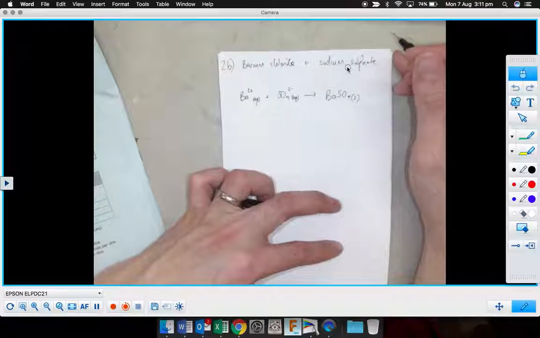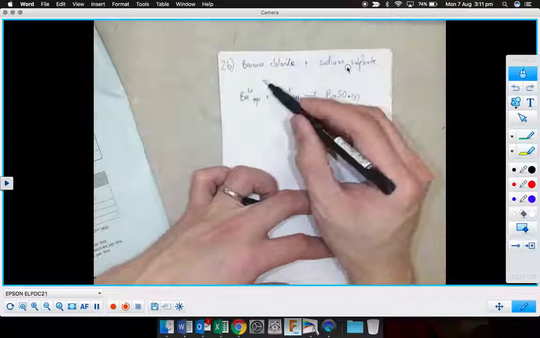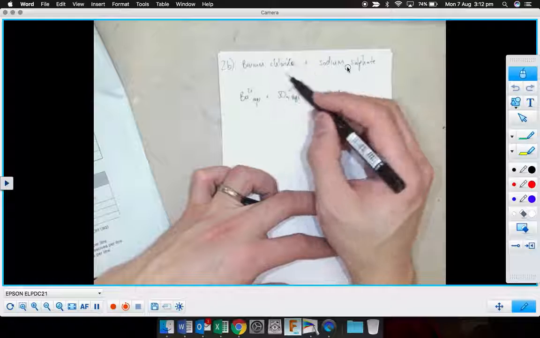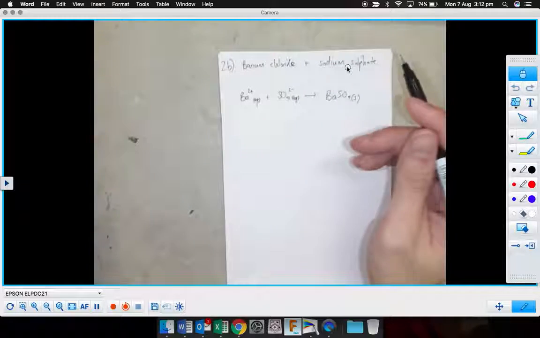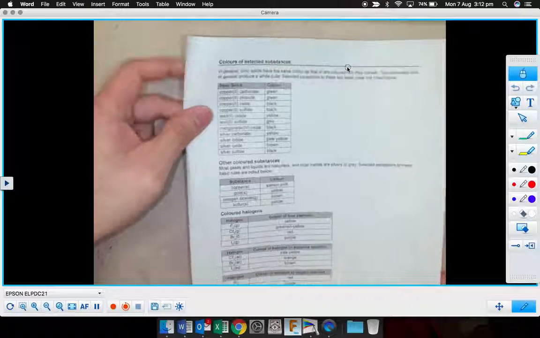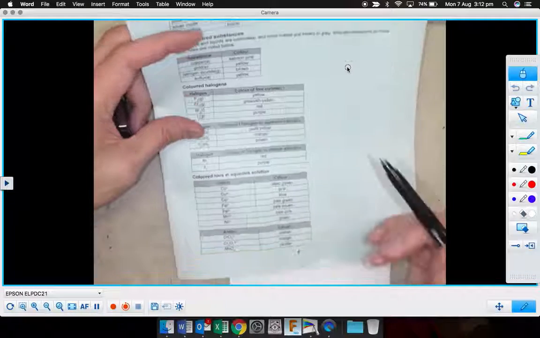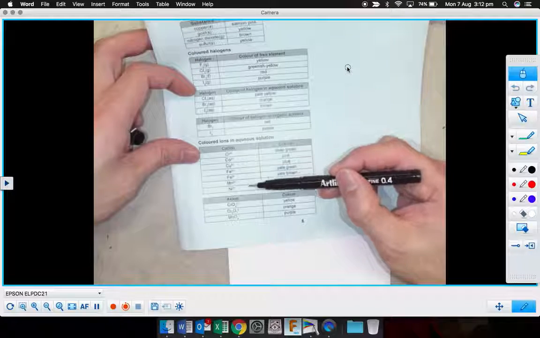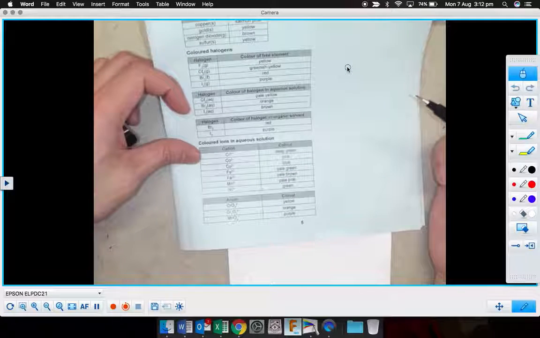Now we have to write out the observations. So, barium chloride. This is a soluble solution. We have to work out what color that is, so we look at our data sheet again, and it's on the next page. We have to look at the colors of ions in aqueous solution, and barium is not there. So if it's not there, what is it going to be?